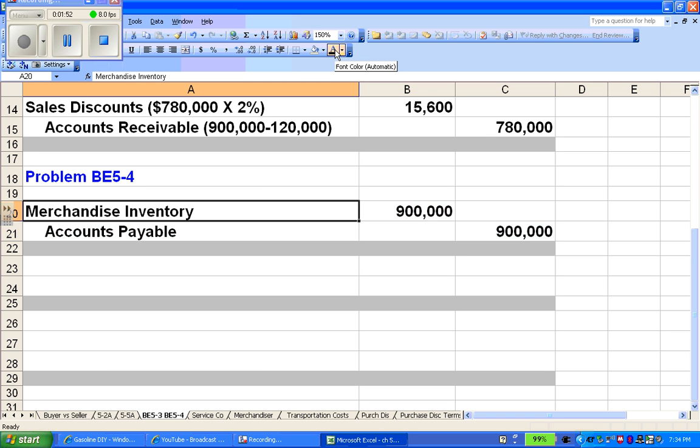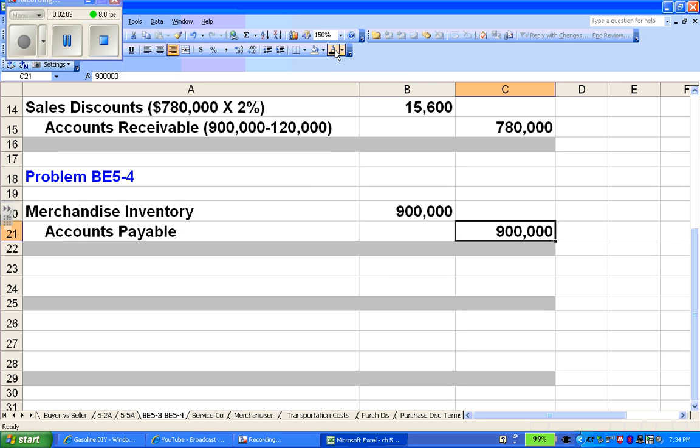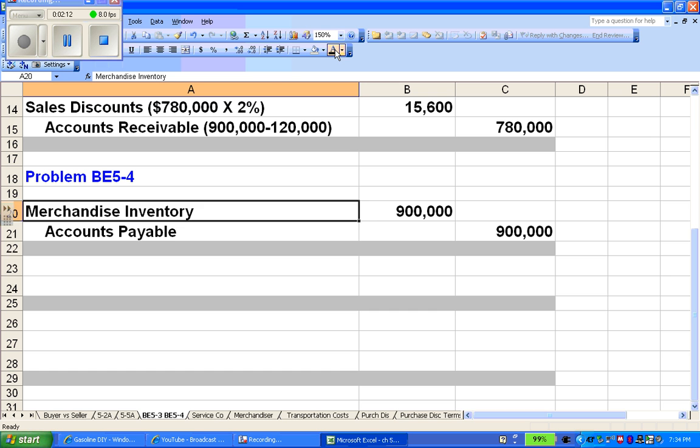So we're going to reflect in our books that we have this accounts payable due to Monroe Company for the 900,000. Remember now, we're Churchill Company, and we're the purchaser. So I'm going to record this inventory that we received.